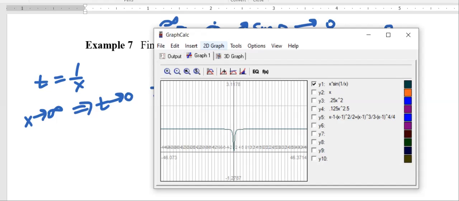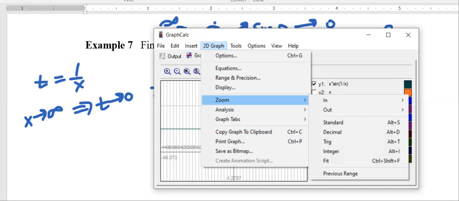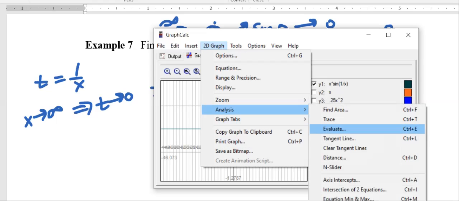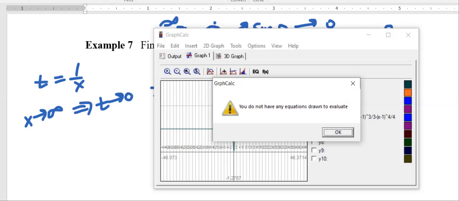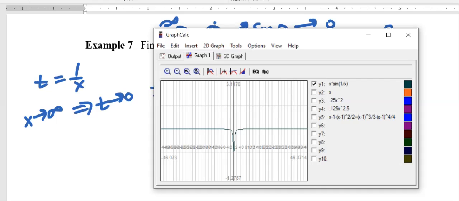I don't know if I can get this to work. Well, maybe we can evaluate it. Let's put x equal to 35. Do I have any equations drawn to evaluate? I thought I did. Okay, well, let's do this.